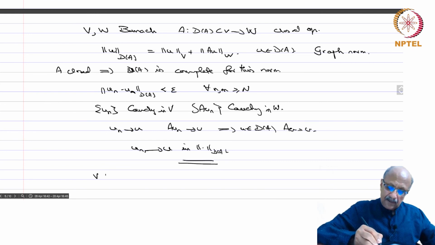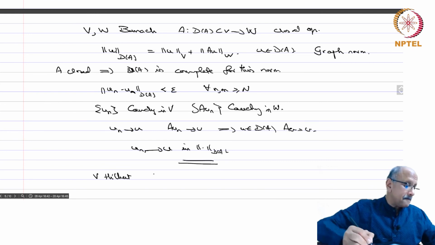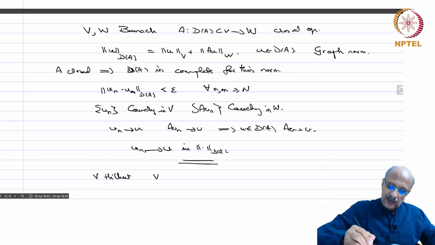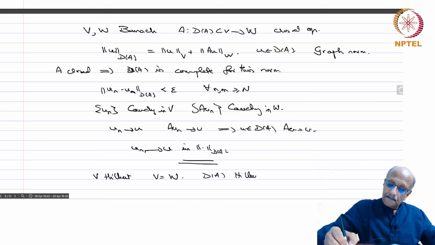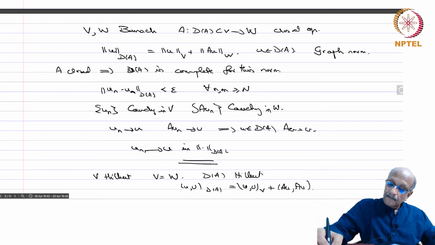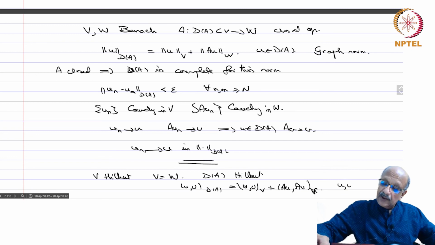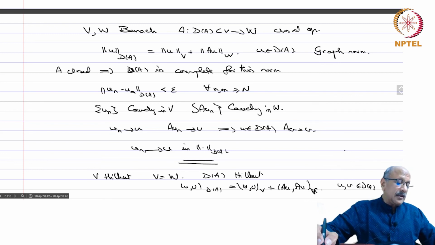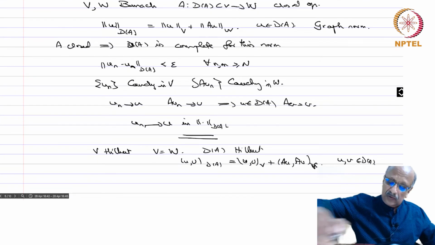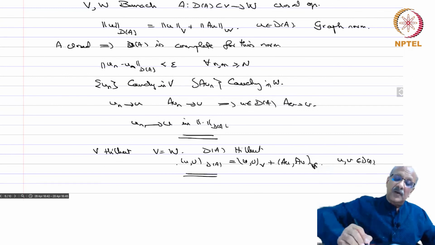And if V is Hilbert and V equals W, then you know that D of A is also Hilbert with the inner product (u, v) in D of A equals (u, v) in V plus (A u, A v) in V again, for u, v in D of A. So this becomes the inner product which will give the above norm, the graph norm, and that completes the proof. Okay, so this is a rapid revision of unbounded operators.